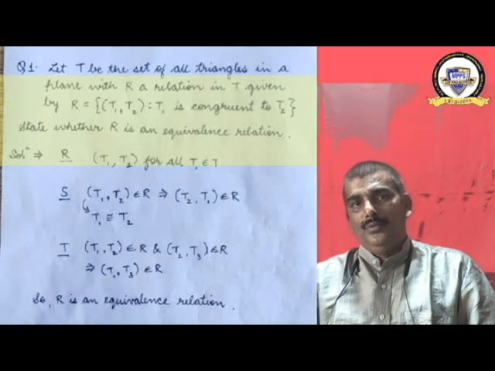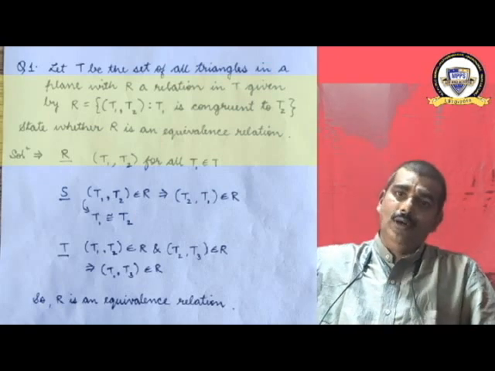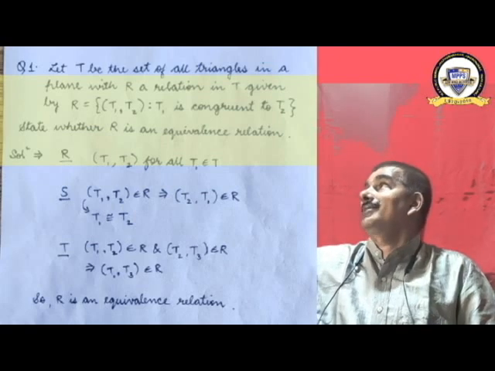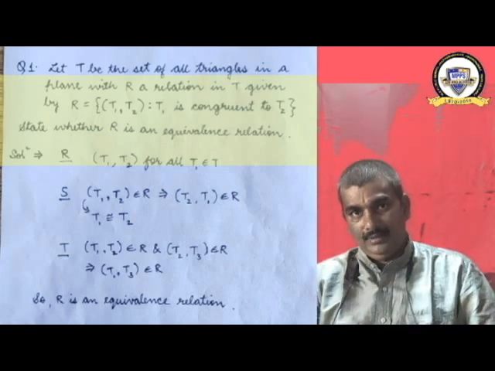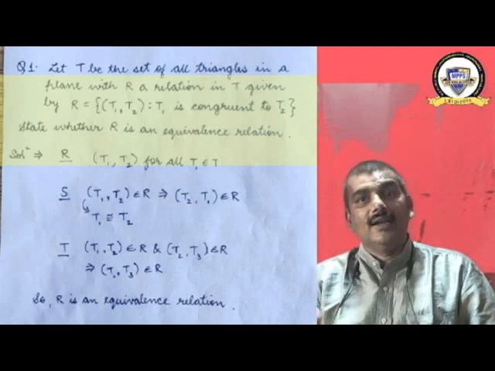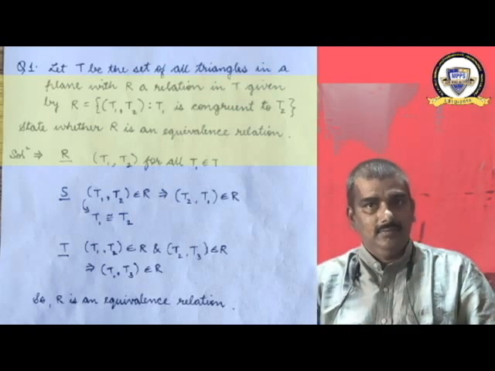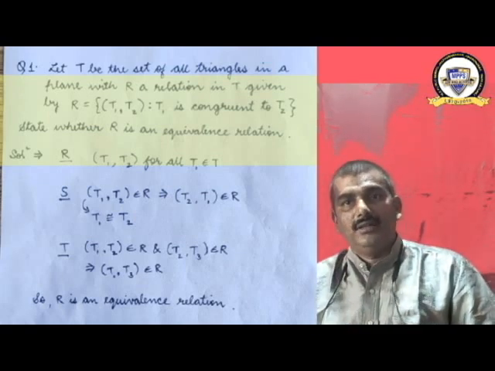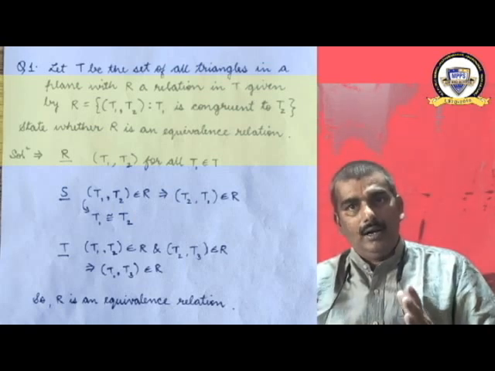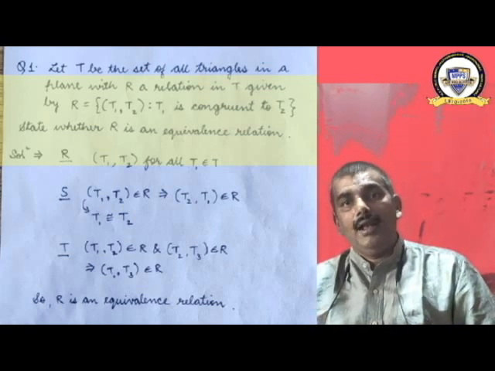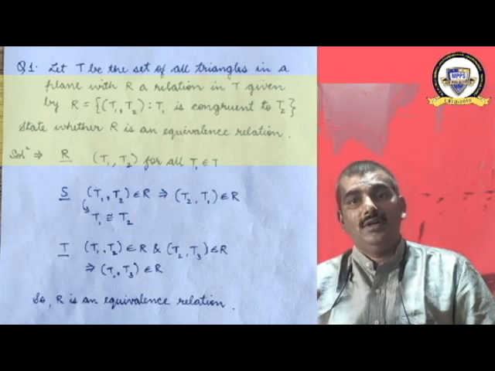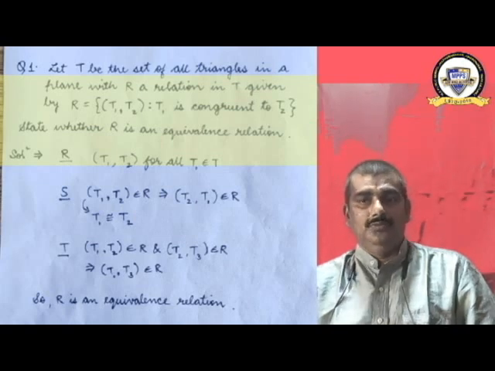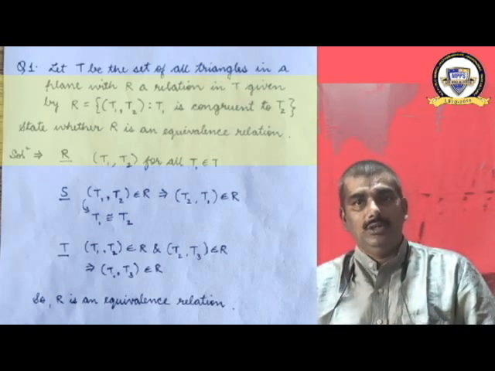For example, one question I can give to you. See the whiteboard. Let T be the set of all triangles in a plane with a relation R. That relation R is a relation in T given by R equal to (T1, T2) such that T1 is congruent to T2.